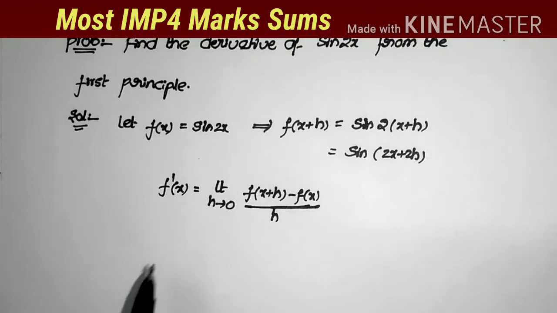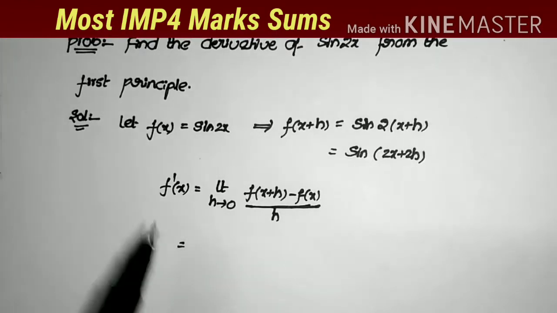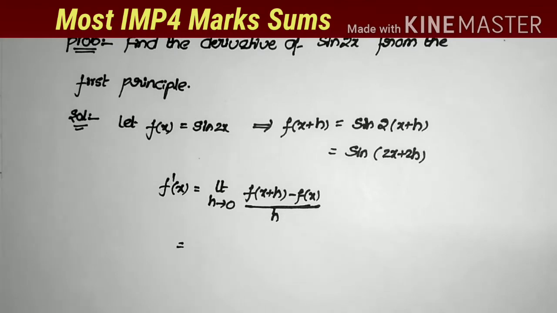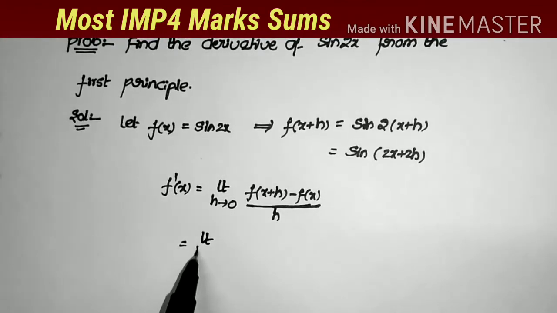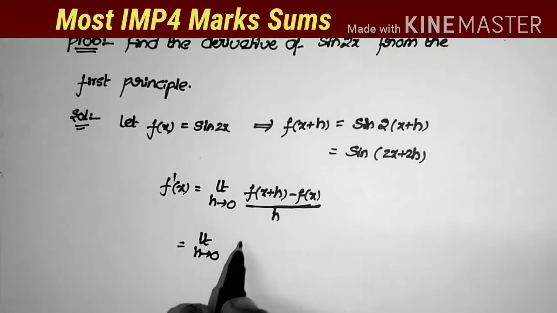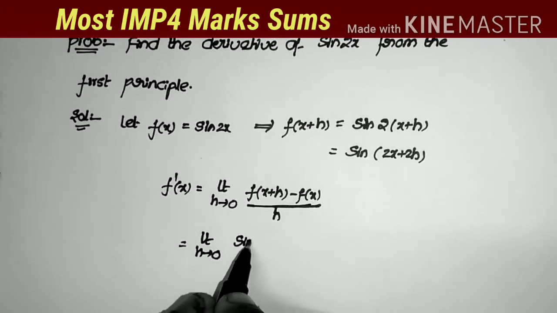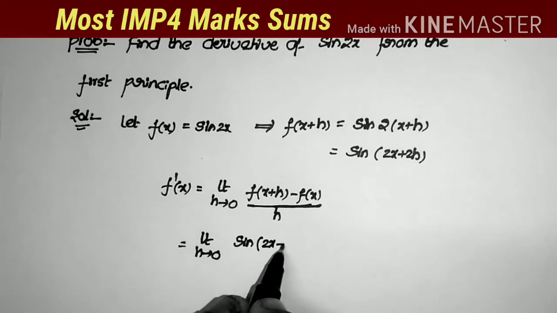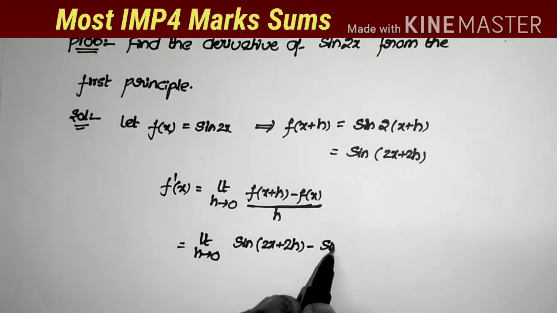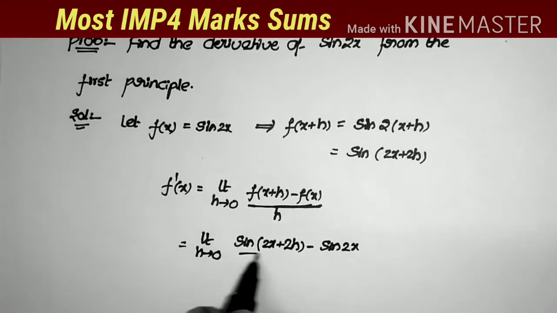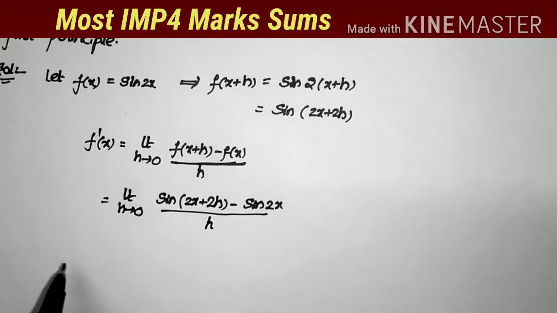Now substituting the values. By using this formula we have to find the derivative value, the f dash of x value. So substituting, limit h tends to 0, sine of f of x plus h, sine of 2x plus 2h, minus f of x, which is sine 2x, by h.